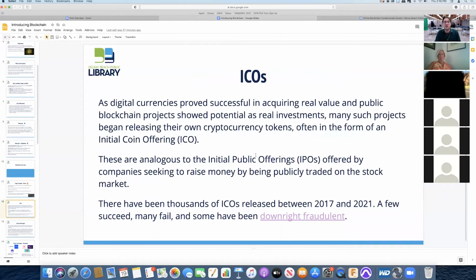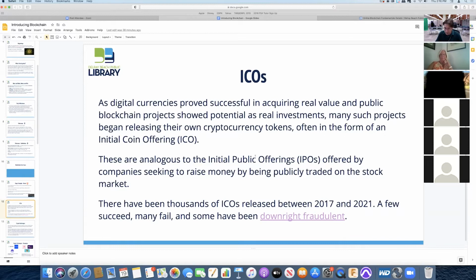So I mentioned ICOs a little bit earlier. As digital currencies proved successful in acquiring real value and public blockchain projects showed potential as real investments, many such projects began releasing their own cryptocurrency tokens, often in the form of an initial coin offering. Some of these are basically just to raise money for the project. They're analogous to the initial public offerings that are offered by companies seeking to raise money by being publicly traded on the stock market.